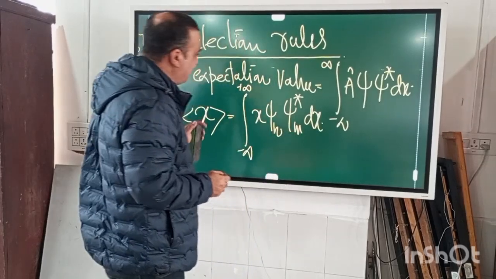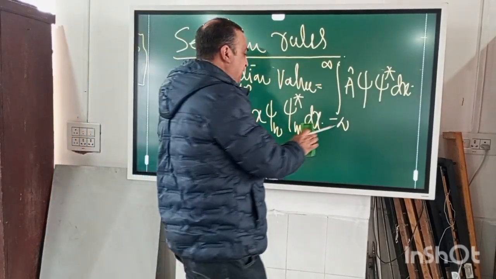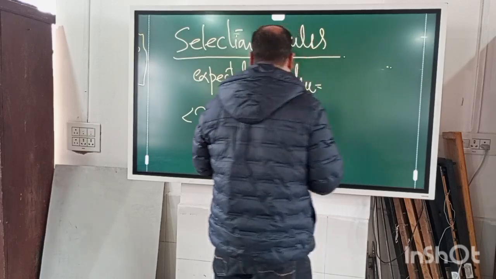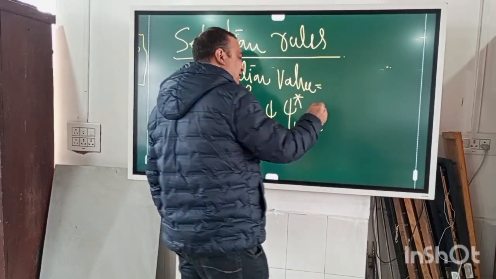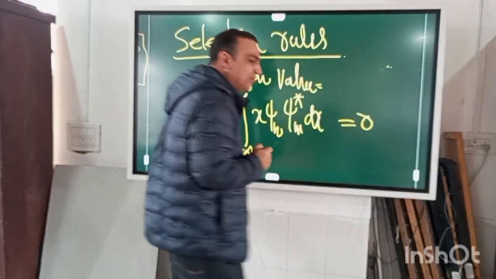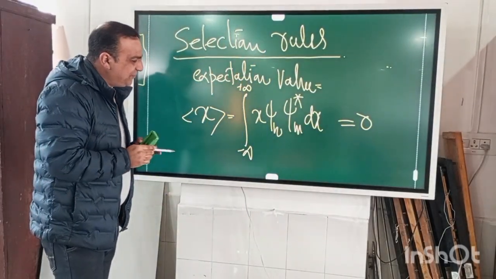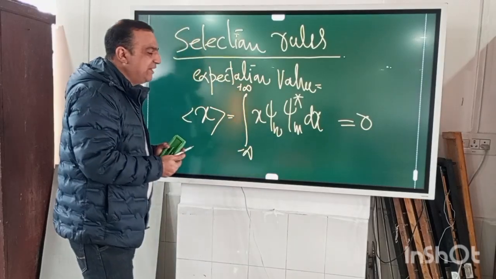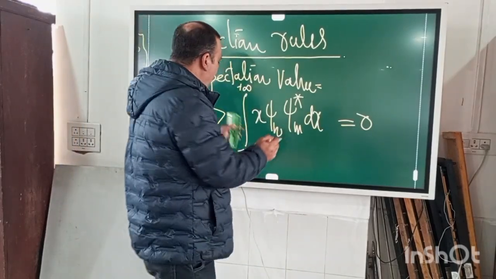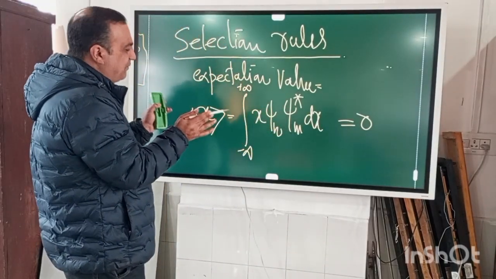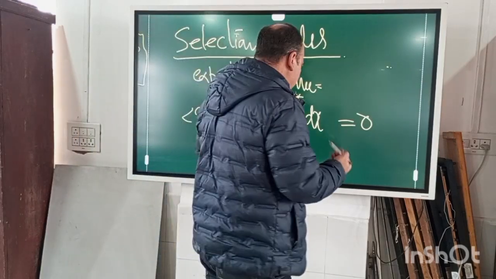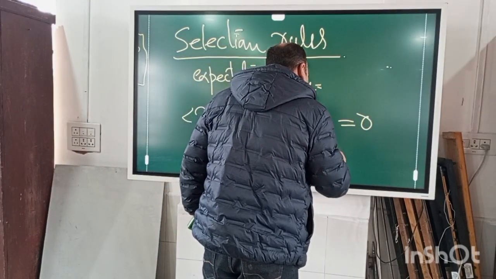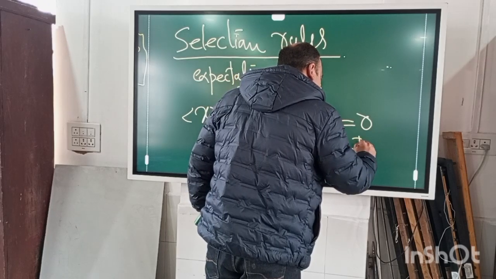Now if I obtain, on solving this integral, that the value of this integral is equal to 0, then such a kind of transition from some final state to the initial state is forbidden. So obtaining the result of this integral as equal to 0 leads to what's called a forbidden transition.